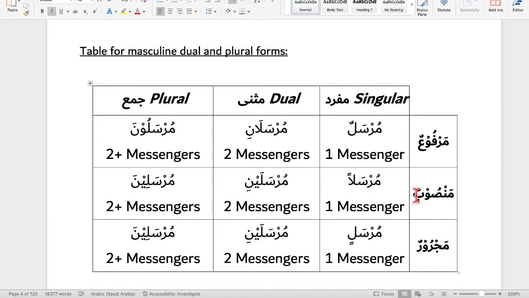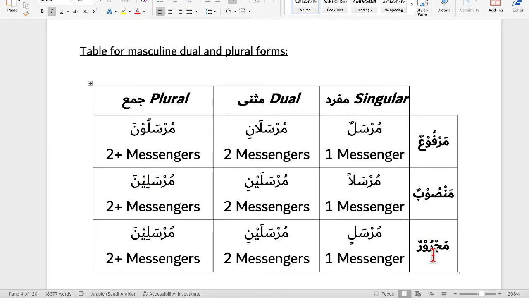And if the noun is in the mansoob form, with the nasab form, mursalan, its dual form is going to be mursalaini, and the plural form is going to be mursalina.